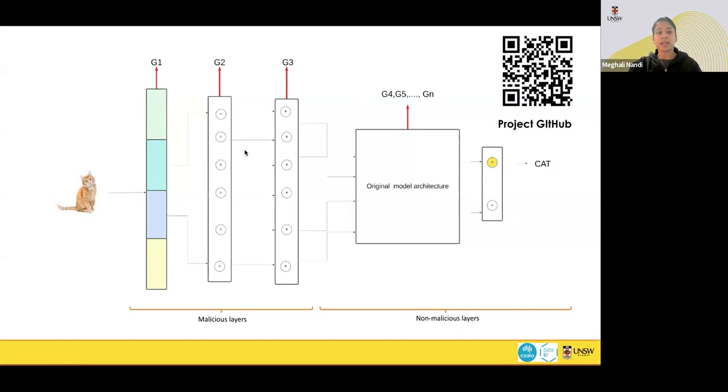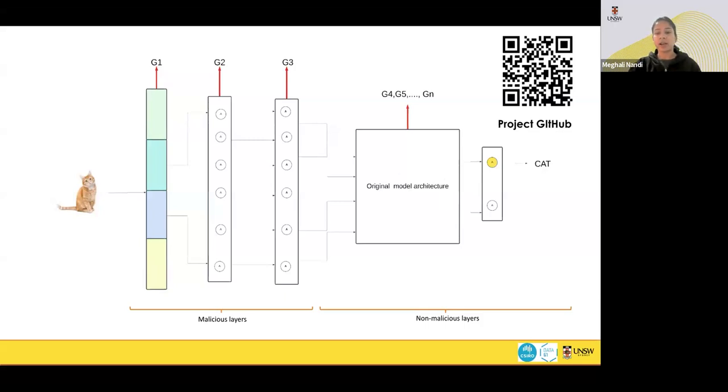These three malicious layers are leaking gradients which are used for reconstruction of the data. They are not supposed to be contributing to the output of cat. Rather, the layers used in the original model architecture should be contributing to this output, right?